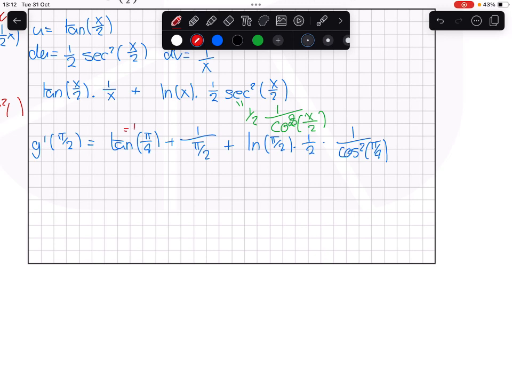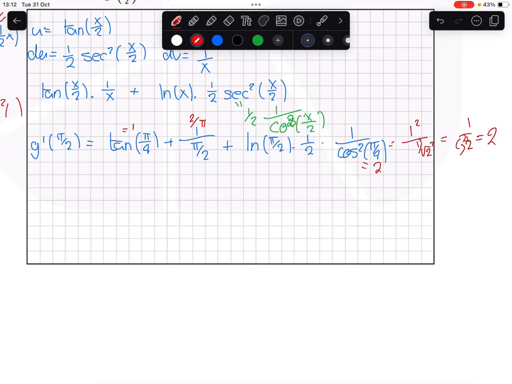This second one, we just flip the bottom fraction, so then we get 2 over pi. The natural log of pi over 2 stays the same, half stays the same, and this one goes to 1 squared all over 1 over root 2. Both of them are going to be squared, so that's going to be equal to 1 over a half, which is just equal to 2, because again, we flip this bottom one. So this whole thing is going to be equal to 2.